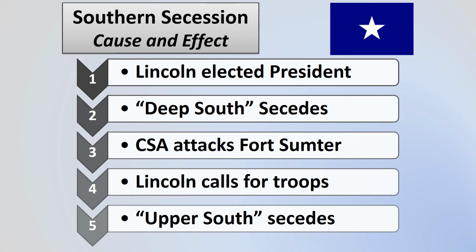So when you're looking at cause and effect, and this is something that, of course, in history and in AP, they really like you to concentrate on: Lincoln elected president is the cause of Deep South secession, which is the cause of Confederate attack on a federal fort in the South, Fort Sumter, which is a cause of Lincoln calling for troops, and that is the cause of the Upper South seceding from the Union.